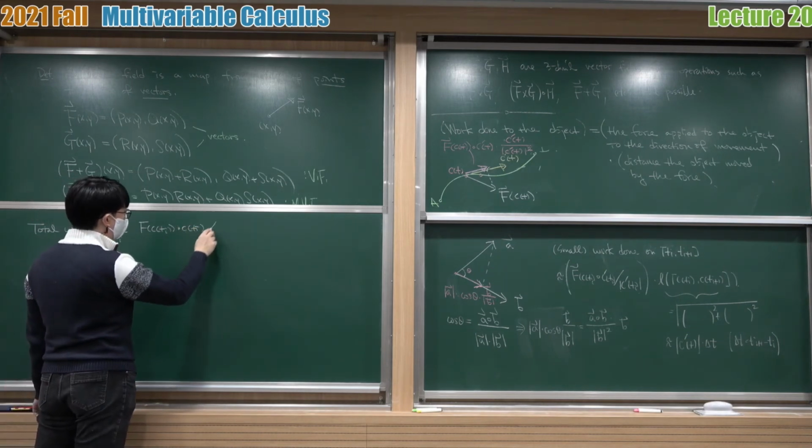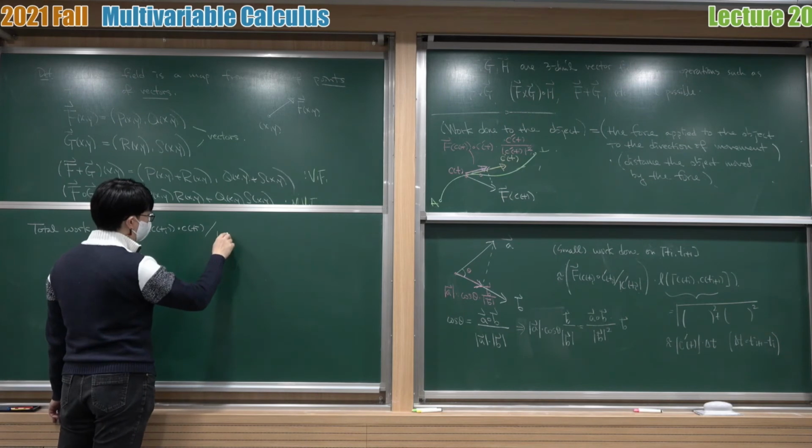This just cancels out, and this is approximate work. If you make the number of subintervals go to infinity, then this sum becomes the total work.